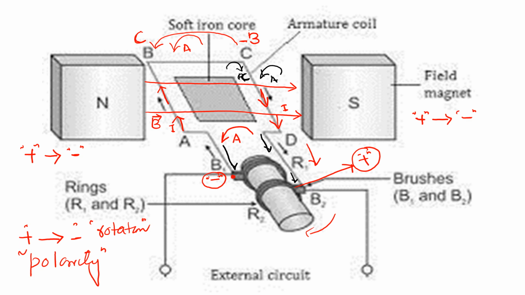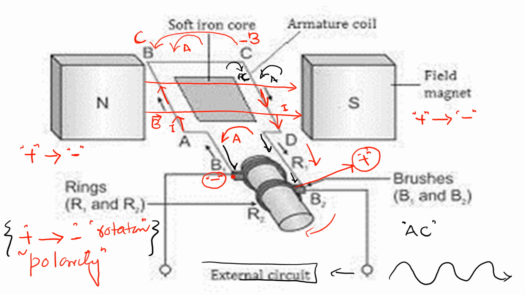There will be fluctuation of positive and negative terminals, and due to this there will be a change in polarity. A current whose polarity changes with respect to time is known as an alternating current. So in this way, an alternating current in an external circuit is received from an alternating current generator.